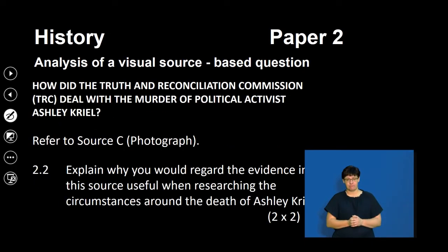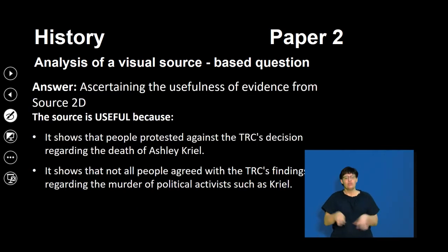Okay, let's carry on. Then the next question is, explain why you would regard the evidence in this source useful. So here is useful again. We've looked at that before. But it tells you specifically useful when researching the circumstances around the death of Ashley Krill. Okay, so it's the same visual source. Now, if you look at that, the skill there is to obviously look for usefulness of the source.